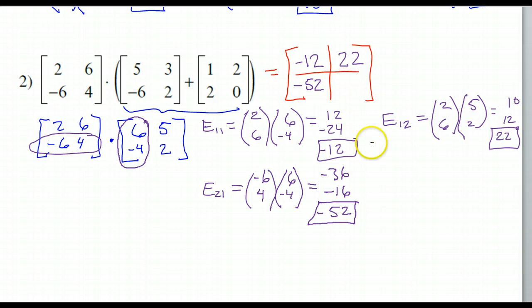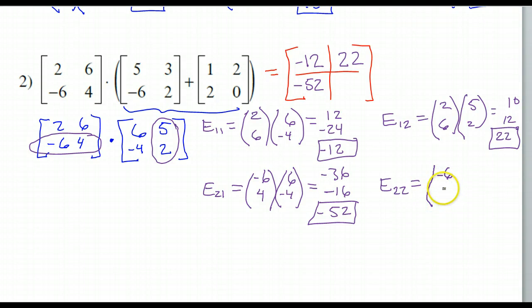That brings us to this element. This will be element 2,2, because this is the second row and the second column. So I need to do row 2 times column 2. That's going to be negative 6, 4 times 5, 2.